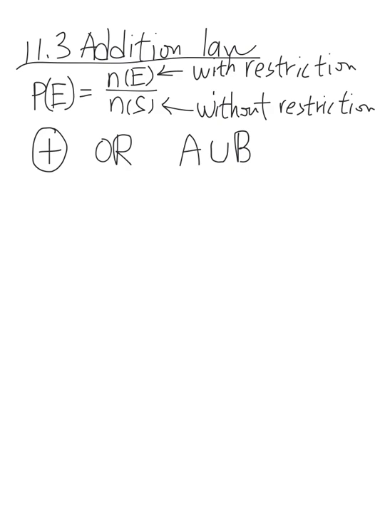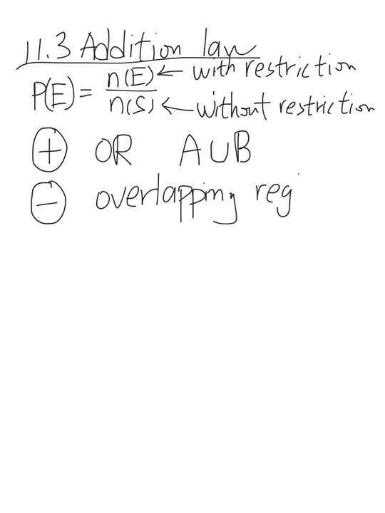And sometimes we need to do the minus, similar to the counting principle, when we have an overlapping region for A and B, these two events. So then we need to minus.